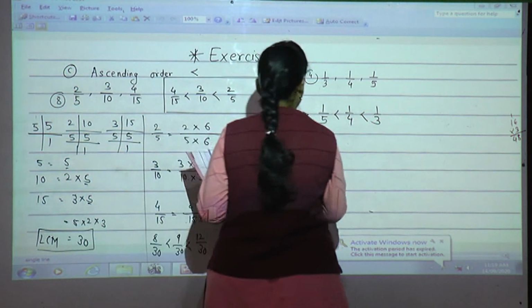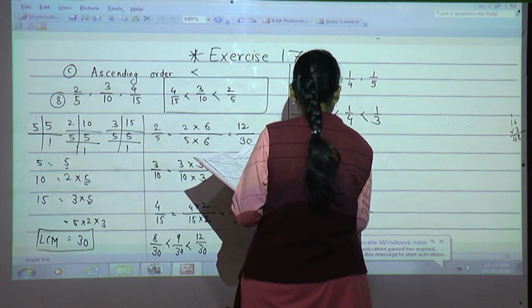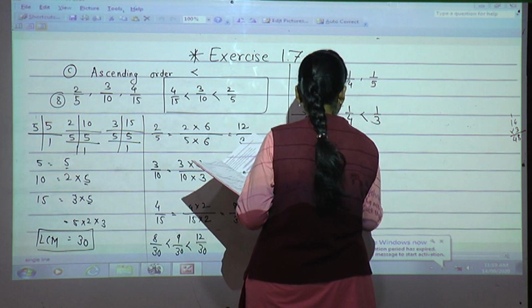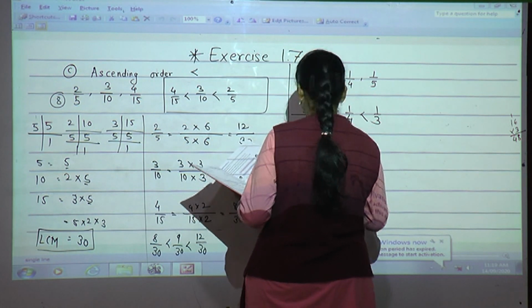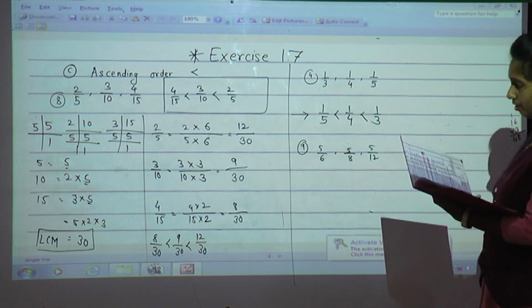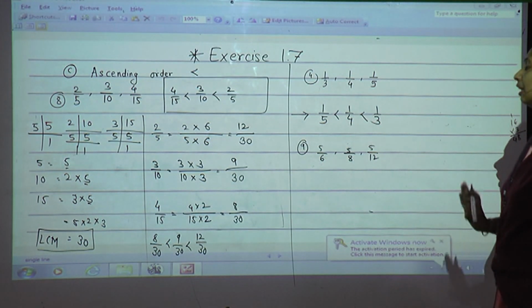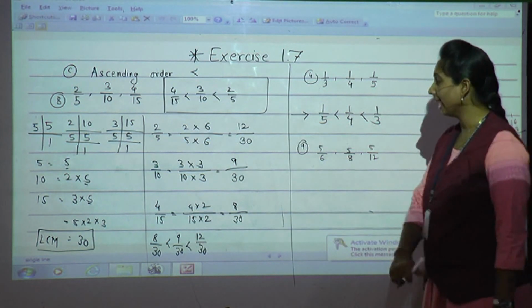The 9th one. See, what is the 9th one? 5 upon 6, comma, 5 upon 8, comma, 5 upon 12. Okay, now see the numbers. Again here, interesting, we can solve easily and quickly. Why?